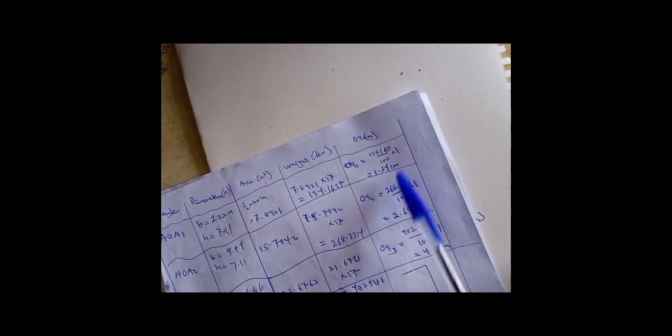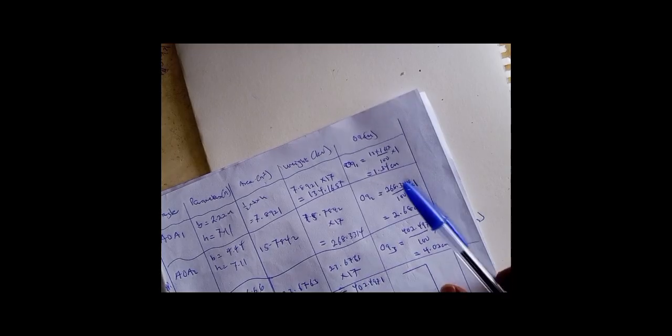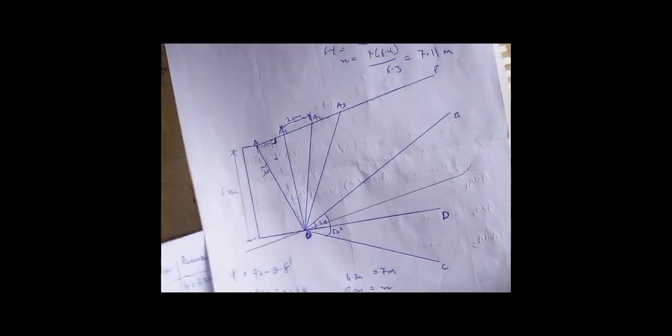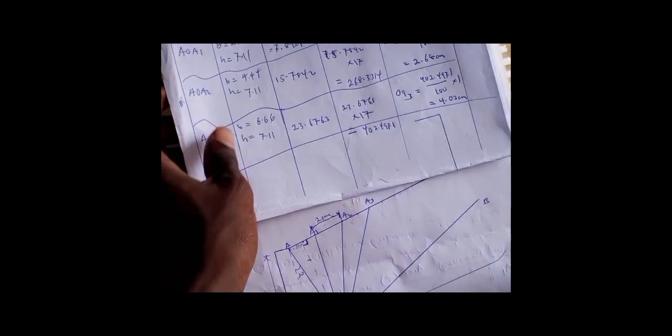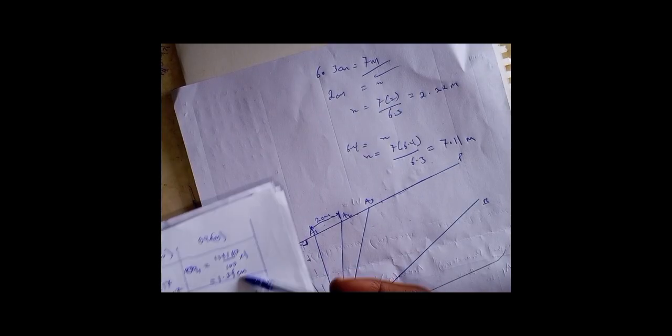So I go ahead and plot these values on the sketch, the graphical method. The first value, the OA value I have here, is 1.34 centimeters. So I plot this OA on the OA1 line.